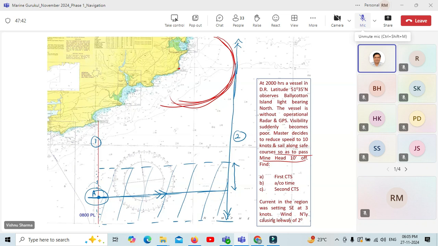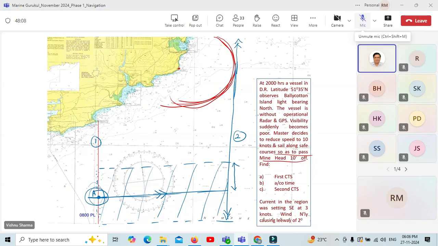Guys, in reality on board the ship, it will be the master's call. What all factors will the master take into consideration? First, he will take into consideration the reliability of the DR. What will decide the reliability of the DR? DR is always worked from a last known fix.